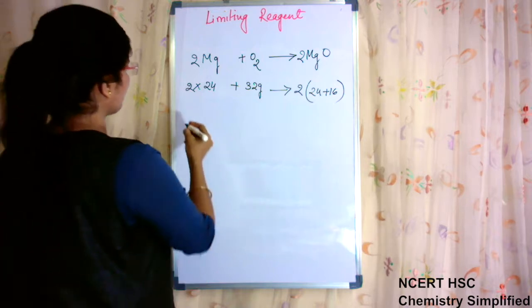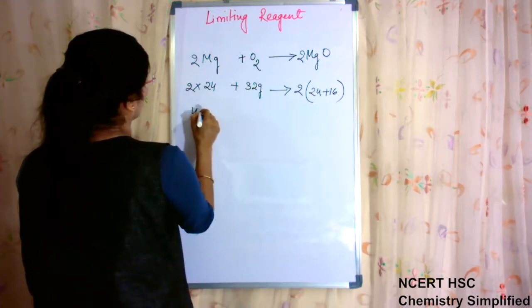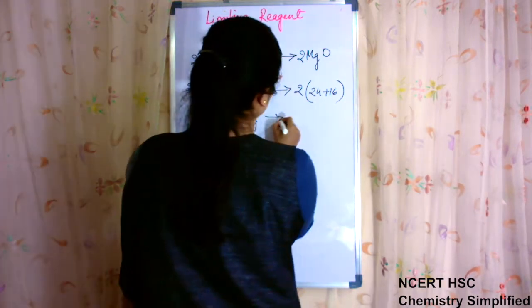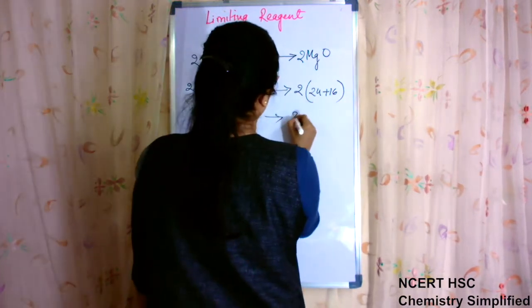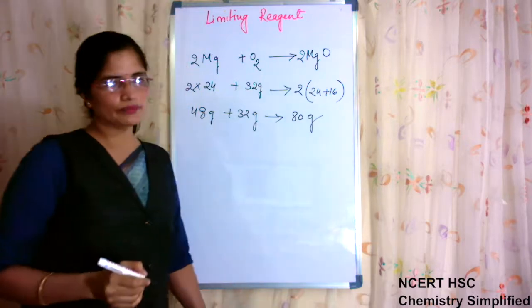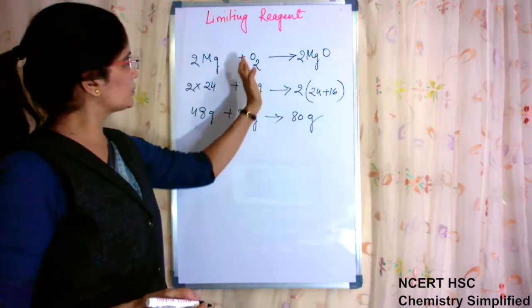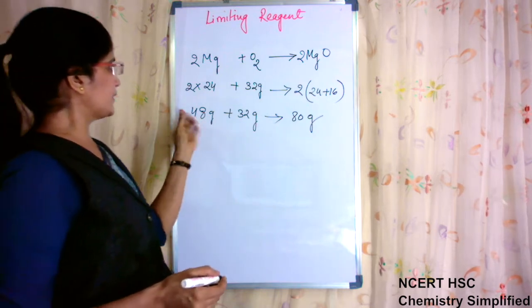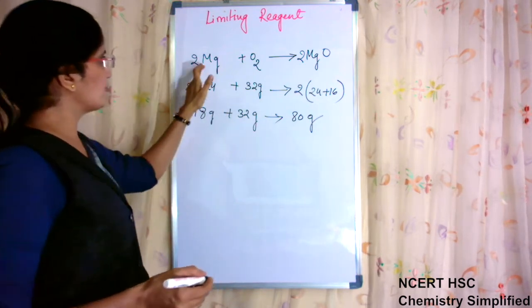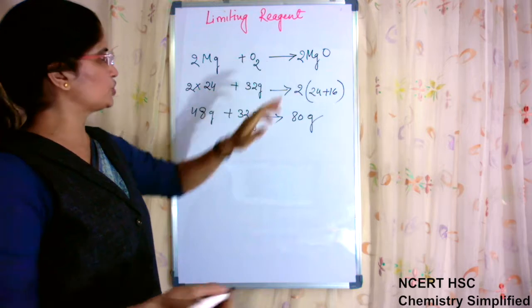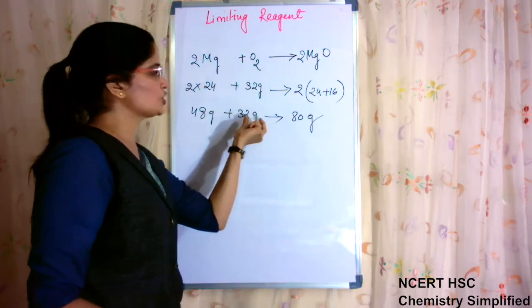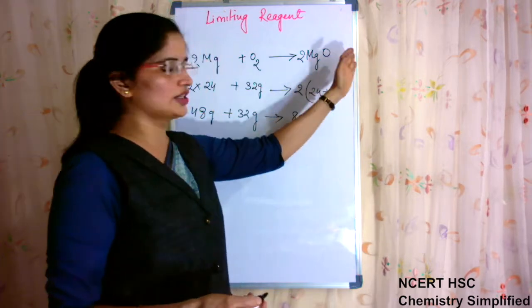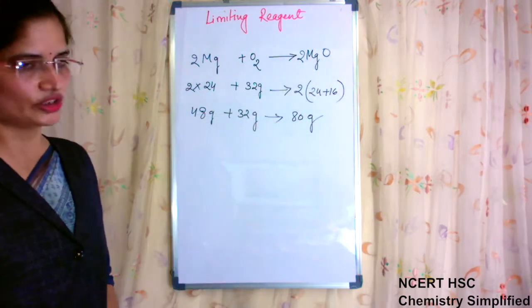So it becomes 48 grams plus 32 grams, and then it gives 80 grams. This is according to the balanced chemical equation. Whenever 48 grams of magnesium undergoes combustion, it requires 32 grams of oxygen to produce 80 grams of magnesium oxide.